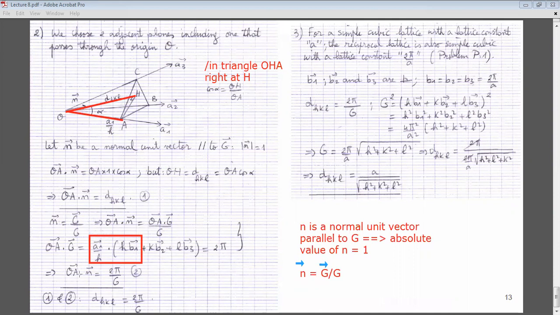So OA dot G is 2 pi, and OA dot n is 2 pi over |G|. But OA dot n is the distance between the two successive planes. So if I compare 1 and 2, I get the distance between two adjacent planes to be 2 pi over |G|.